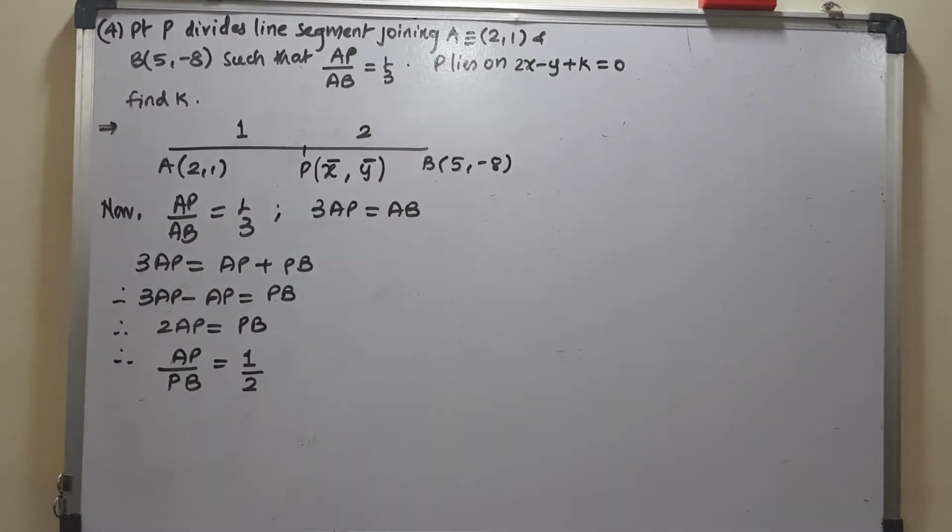So now I can say point P (x bar, y bar) divides AB internally in the ratio 1 is to 2. Somewhere K also is there, which I did not write. Yes, it is there, I will see that later on.